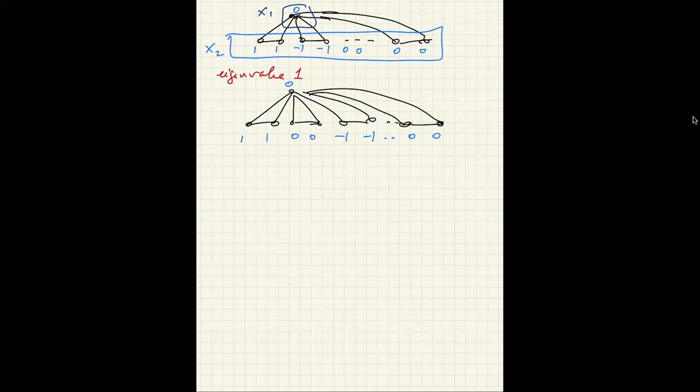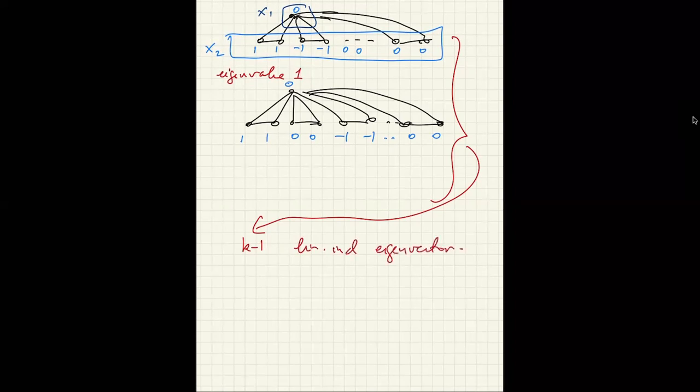So by repeating this argument, moving this minus 1 all the way to the right, you can get k minus 1 linearly independent eigenvectors corresponding to the eigenvalue 1.